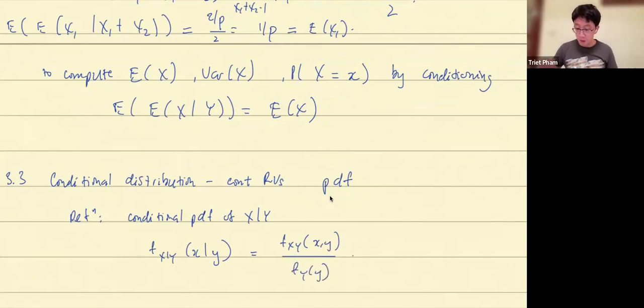Okay, that's it. So very much similar to conditional probability, okay? But now it's working at the PDF level.